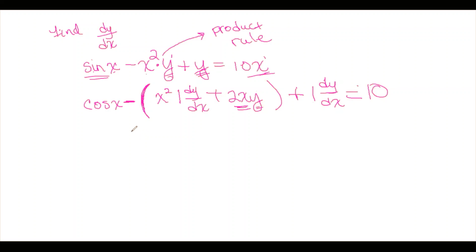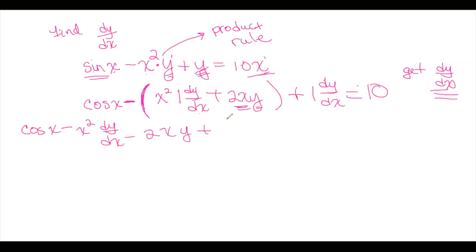All right, so now you have to get dy/dx alone. First I'm just going to slam out that minus, and I have minus x squared dy/dx minus 2xy plus dy/dx is equal to 10.